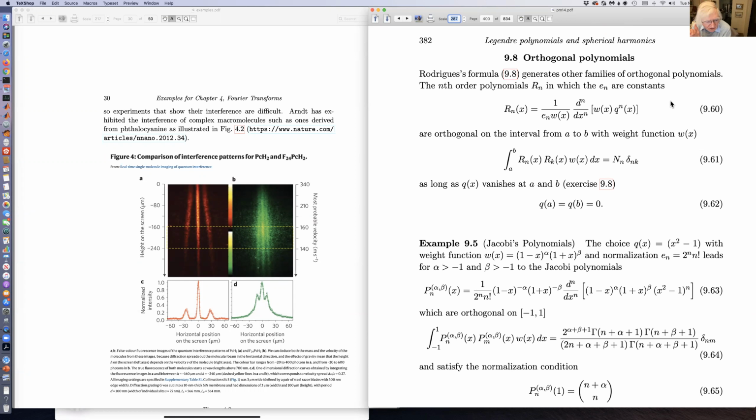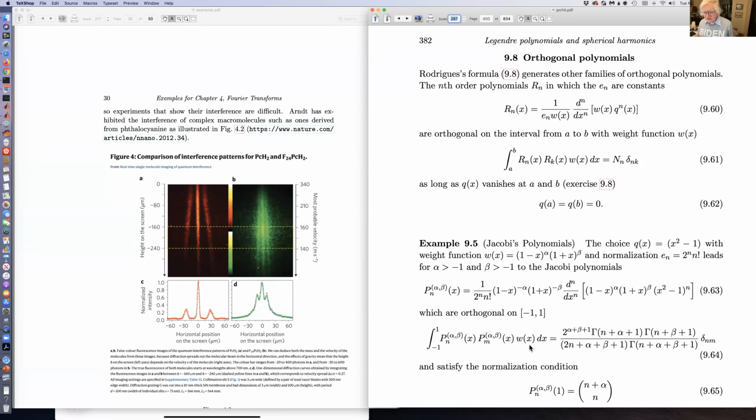In fact, you could amuse yourself by defining a new family of orthogonal polynomials by choosing the function W and the function Q as you please.